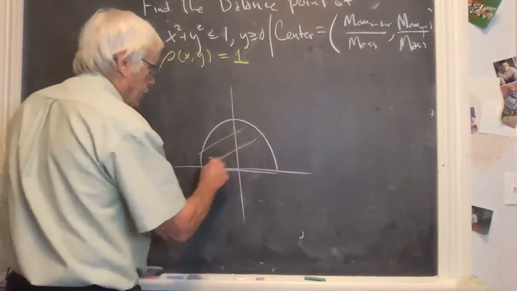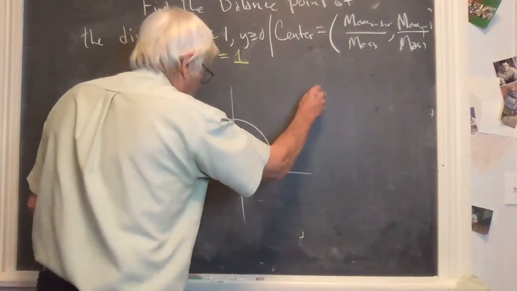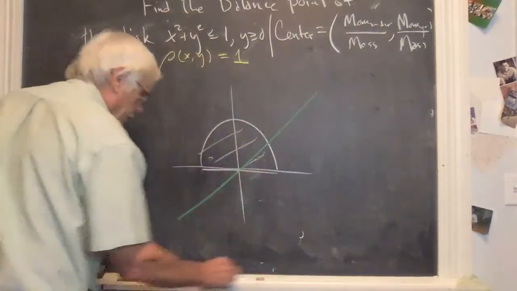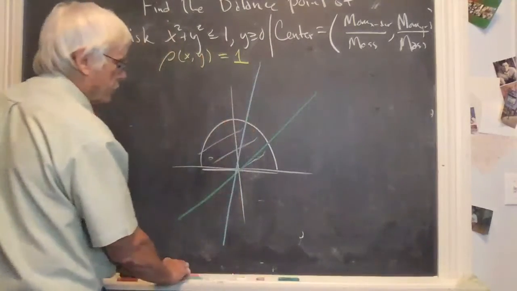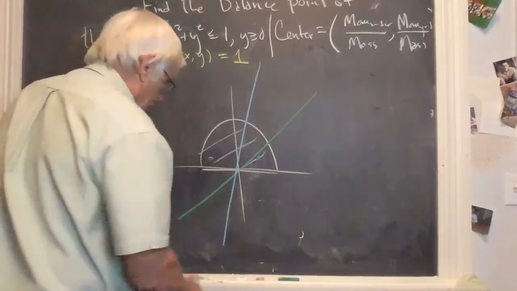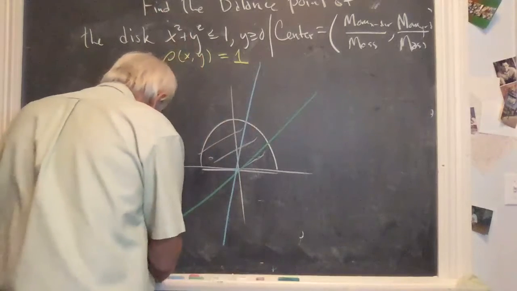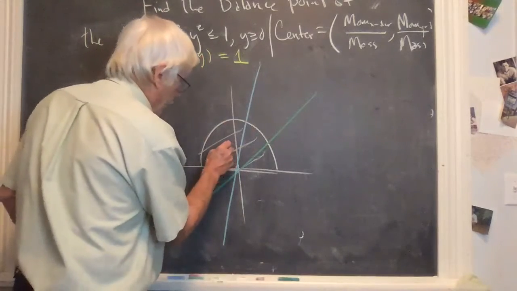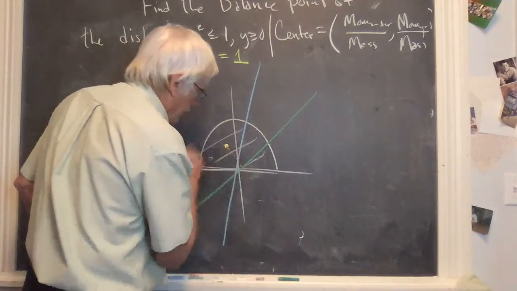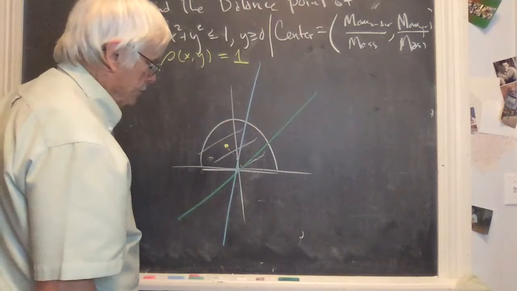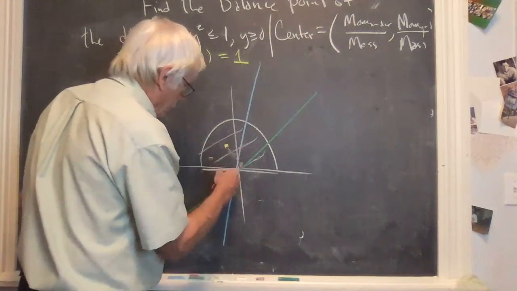If we take an object like this, we can also find that center by taking the moments about other lines. So any two linearly independent directions, say these two directions, we could take a point of the region. And if we're talking about the green line, we could integrate the distance to the green line. We should measure the green line in the blue direction.